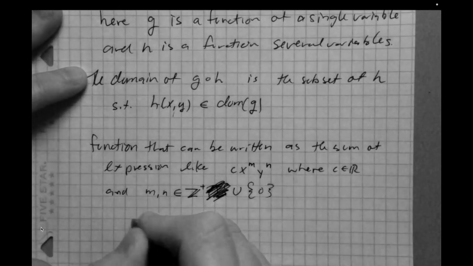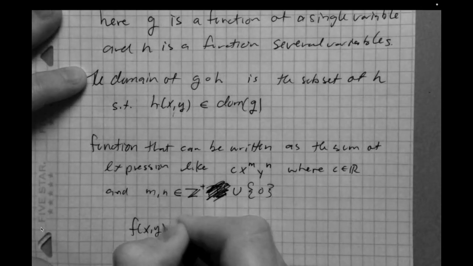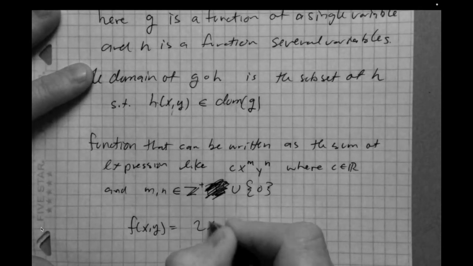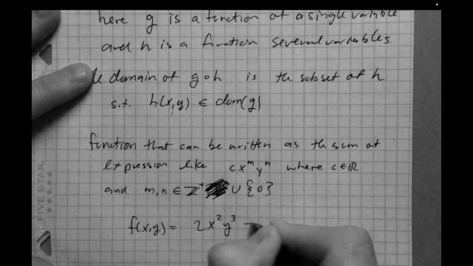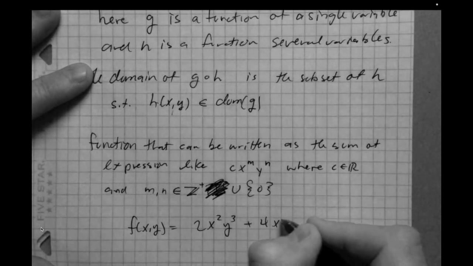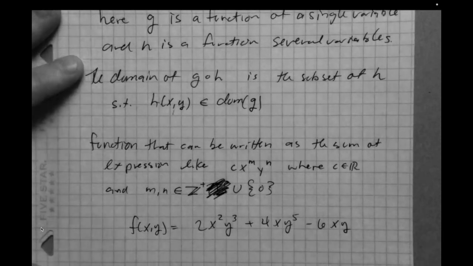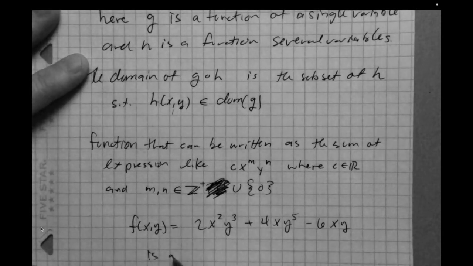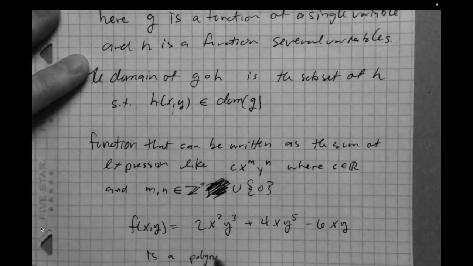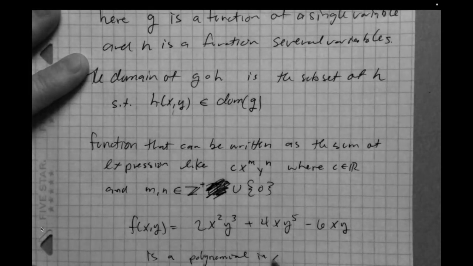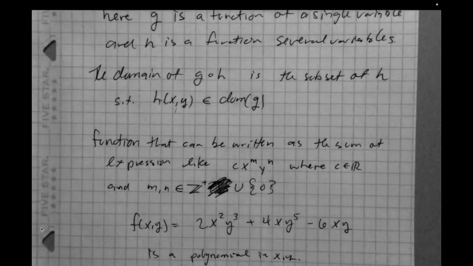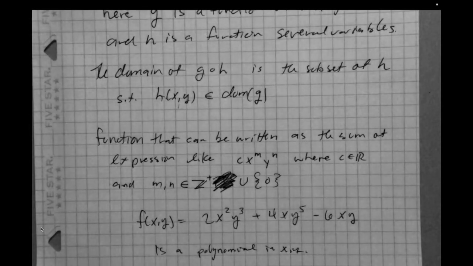So things like f of x, y equals 2x squared y to the third power plus 4x y to the fifth minus 6x y, for example, is a polynomial in x, y. So that's an example of how polynomials are extended into functions of several variables in a really natural kind of way.